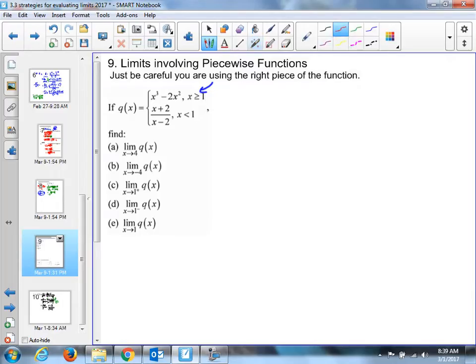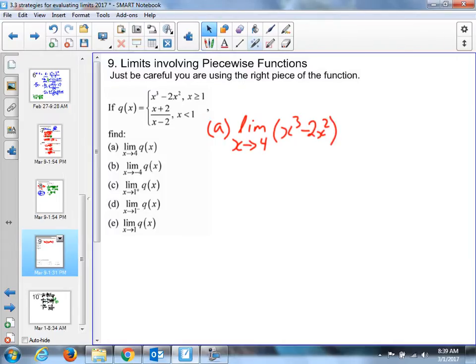I don't need to, I could probably just do it, but if 4 uses the top category, that means basically this is the limit as x approaches 4 of x cubed minus 2x squared. And that's that. We don't have to consider the other portion because 4 is clearly greater than 1, right? Just in that domain.